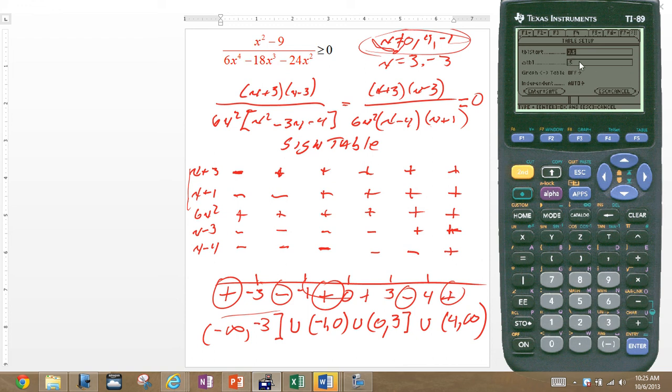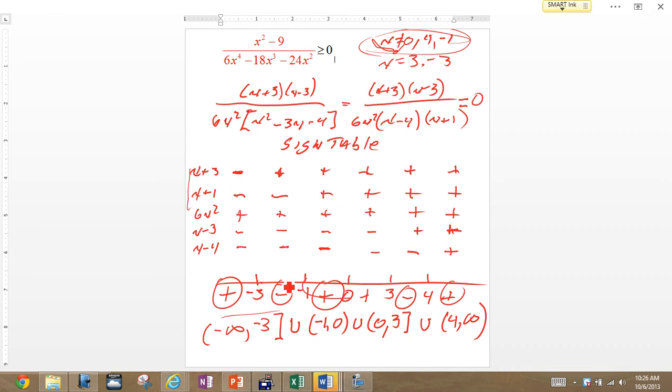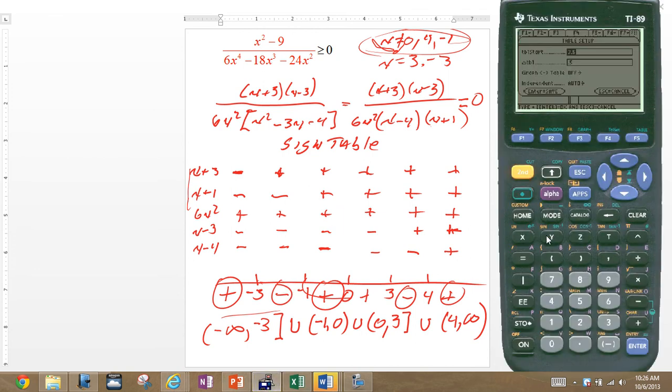Let's say I begin out here at -5, and the increments I'm going to make at 0.5. Then we're just going to leave the rest of that alone. We're going to enter that, and now we're going to ask to look at the table.